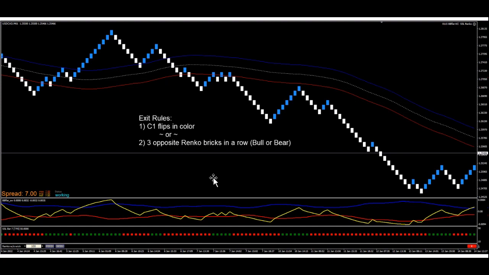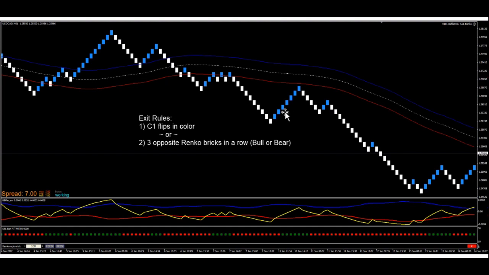So one of the rules I've put in place for this algorithm is anytime I have three opposite Renko bricks in a row, whether that's bull or bear bricks. So let's just say I was in this trade. If I'm coming down with a sell, then all of a sudden I have one bull, two bull, three bull.